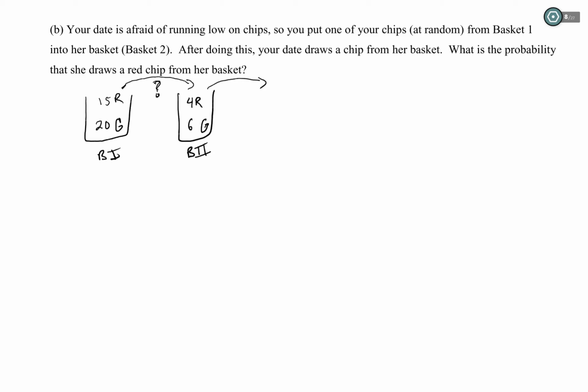So there's kind of this 2-stage experiment going on here. We move a chip from basket 1 to basket 2, and then we pull one out from basket 2. Alright. This is kind of complicated, so I'm going to define several events up front to give some clarity. I'm going to define R1 as the event that you draw a red chip from basket 1.